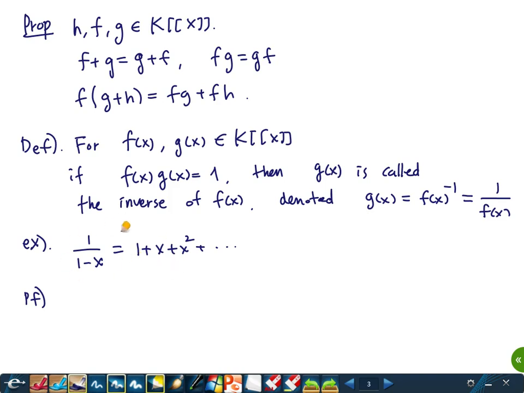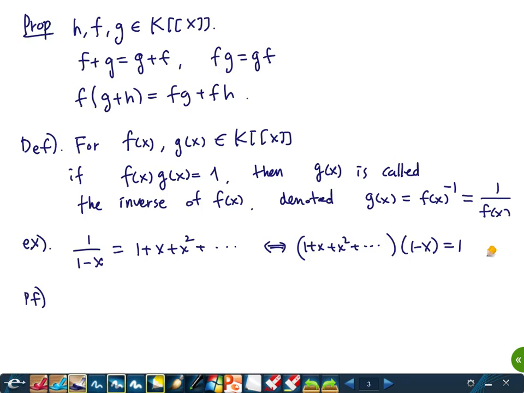That's right. So this means this is the inverse, or multiplicative inverse, of 1 minus x. This is equivalent to saying that (1 plus x plus x squared plus dot dot dot) times (1 minus x) equals 1. Because this is the definition of the inverse. So all we need to show is this equation. If you can show that this equation is true, then we are done.